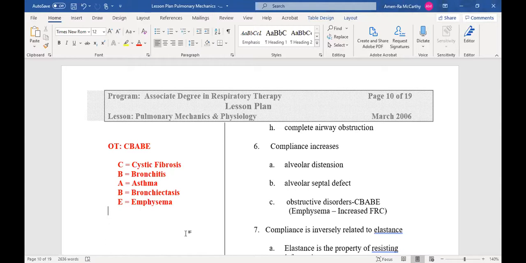So alveolar distension, alveolar septal defect, and COPD all cause the compliance to increase. So it's not just COPD. Somebody could have alveolar distension or alveolar septal defect, which can also cause them to have a high compliance. So that's what they try to show you in a little example here. If somebody has emphysema, then they have a high FRC.